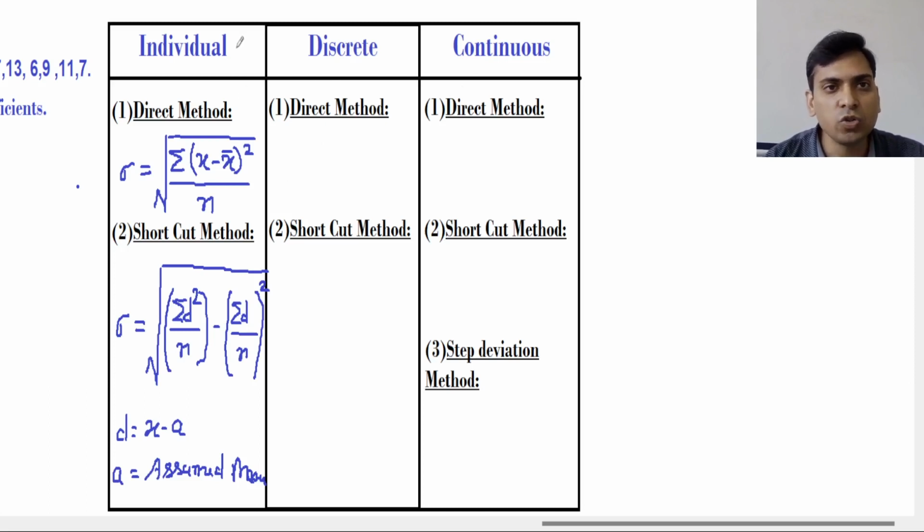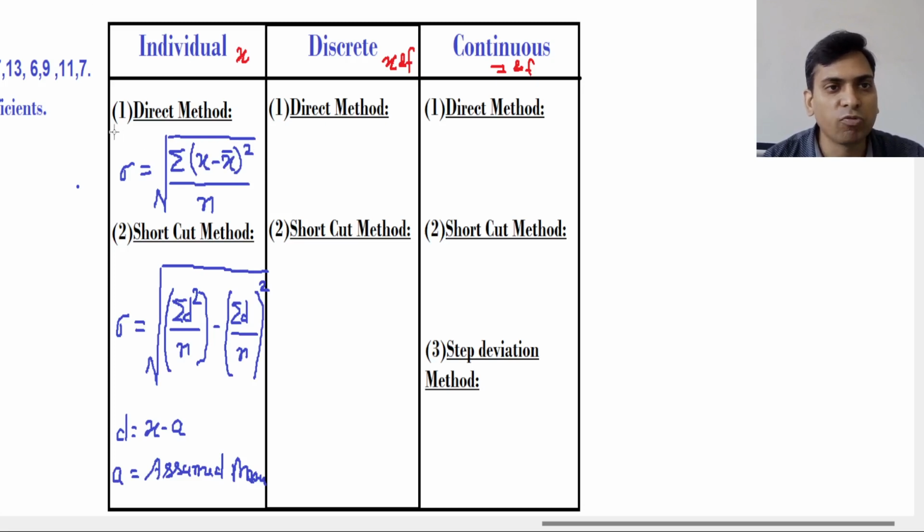Individual data means you have only x. In discrete data, you will have x and f values. And in case of continuous, you will have interval and frequency. So for the direct method, we will replace this n by summation f, and this x minus x bar square by f into x minus x bar square.